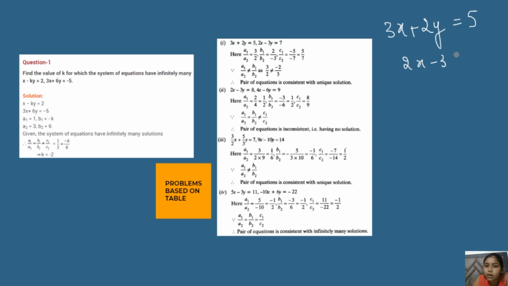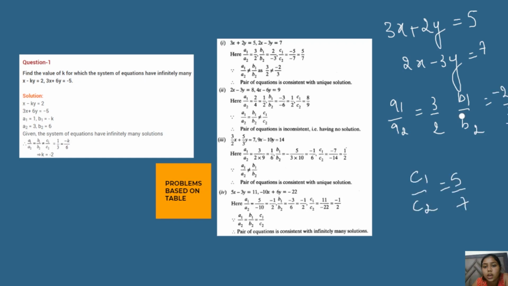What you have to do is, you know that a1 by a2 will be equal to 3 by 2. Similarly, b1 by b2 is 2 by minus 2 by 3, and c1 by c2 will be 5 by 7. None of them are equal to each other. It means they are intersecting lines, they are consistent, and they have a unique solution.